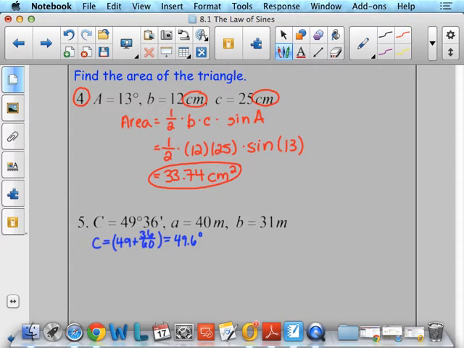Okay, so this time we have side A and side B and angle C. So we're going to use the formula 1/2 times B times C times sine of capital A. Or capital C, I'm sorry.